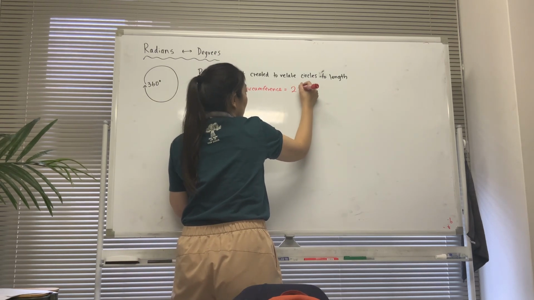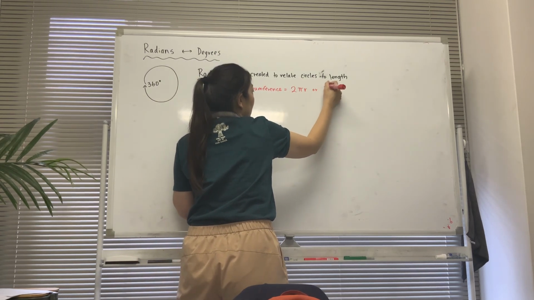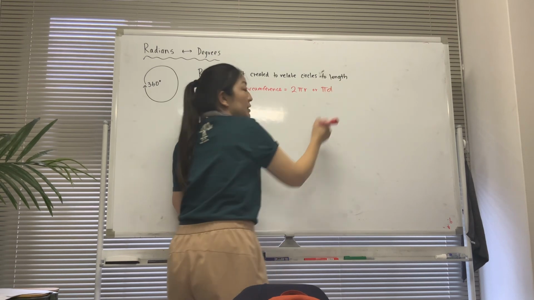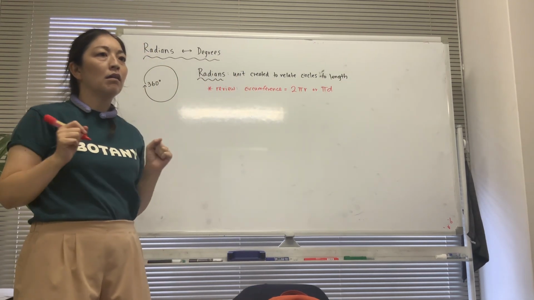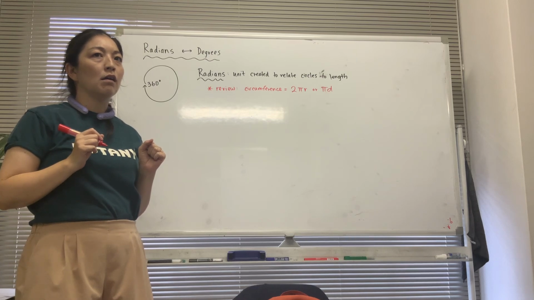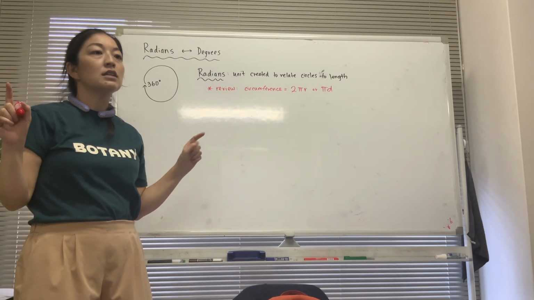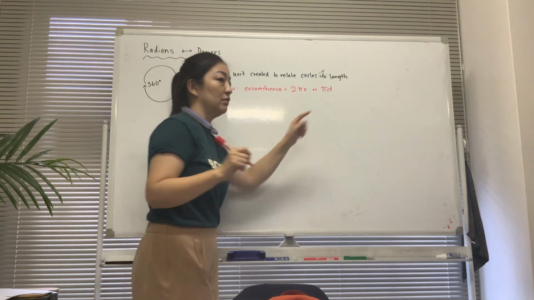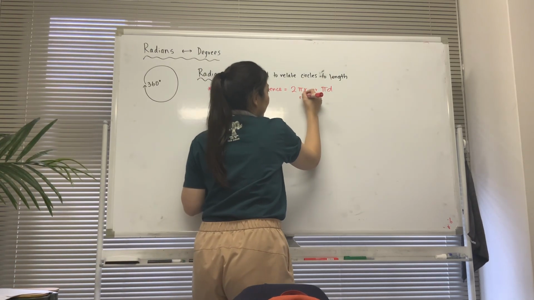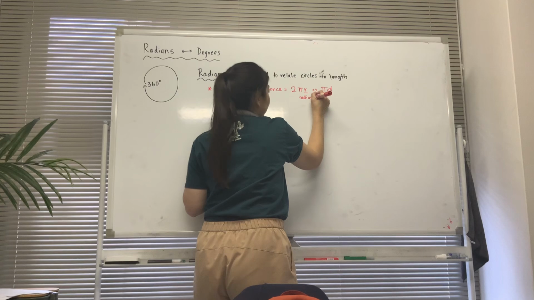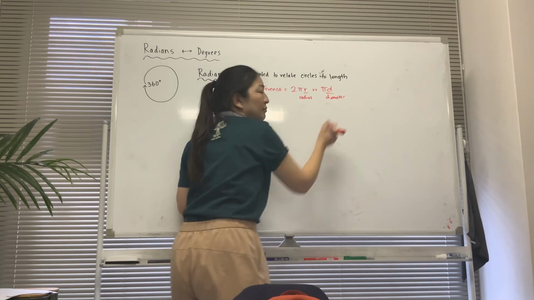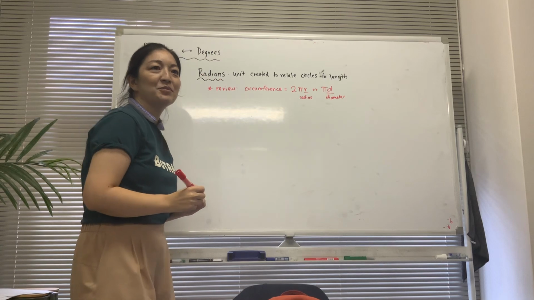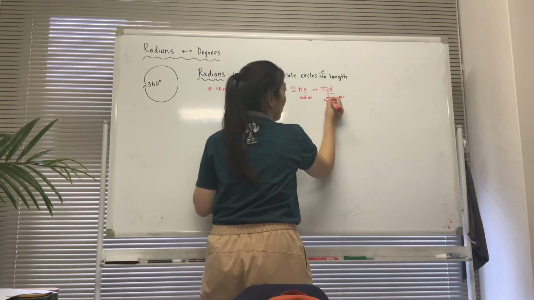Yes. What's radius times 2? Diameter. Yeah, diameter times pi. Okay, guys, dia means across.